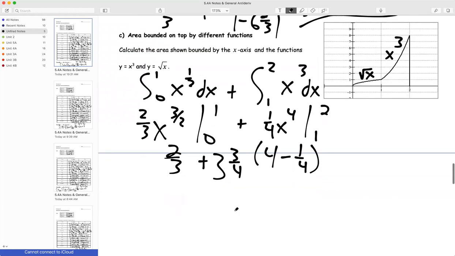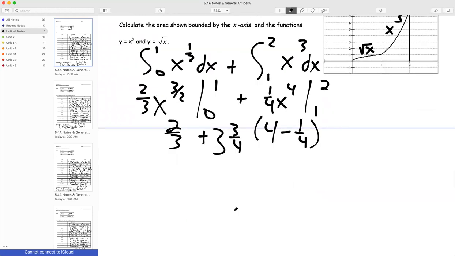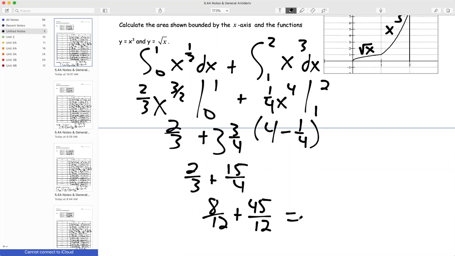And I need to add those. So I'm going to get a common denominator. This would be 2/3 plus 15/4. So my common denominator is 12. So I get 8/12 plus 45/12, which gives me a final answer of 53/12.